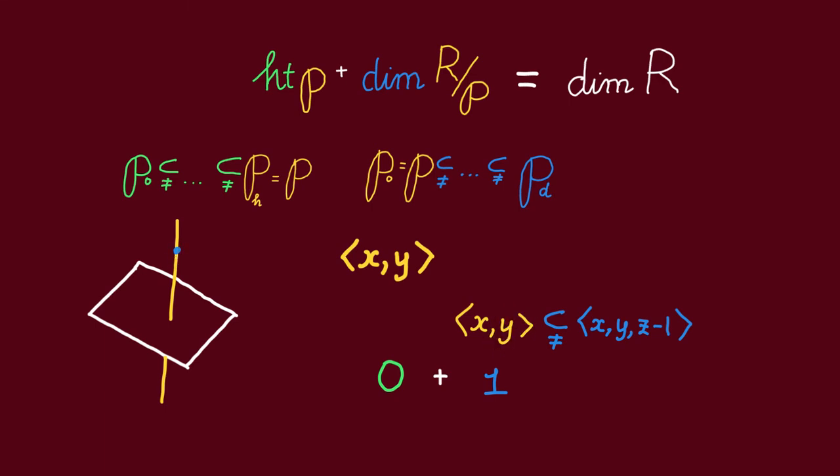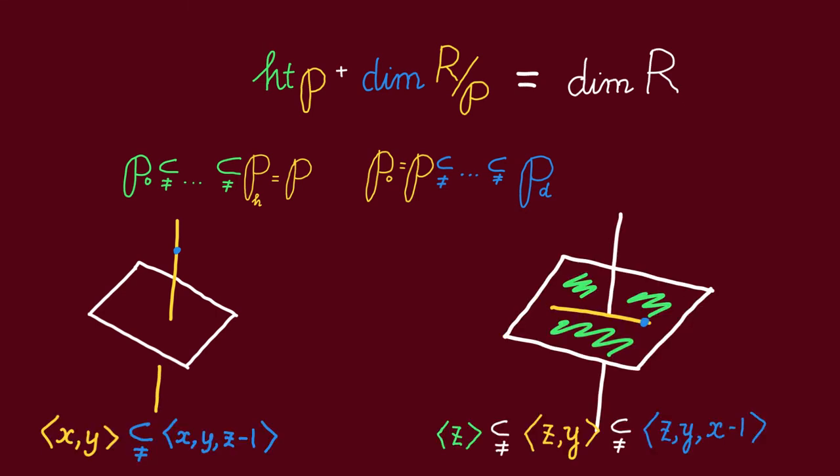Algebraically, it means that the ideal P is properly contained in a maximal ideal. Thus we see that this is a maximal chain, and its length is only 1, which is smaller than the dimension of R. You see, the problem here is that the longest maximal chain in R might not always pass through a given prime ideal P.